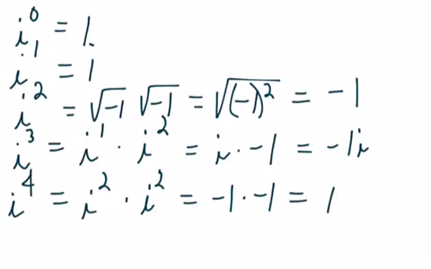And if you'll remember from the fall semester, you go from I to the 0, which is 1, I to the 1, which is I, I squared, which is negative 1, I cubed is negative I, I to the 4th is positive 1, I to the 5th is I, I to the 6th is negative 1, and so forth. It repeats continuously from there.